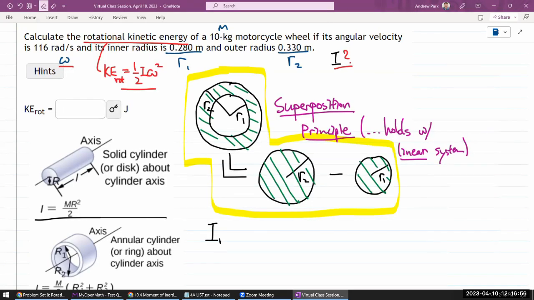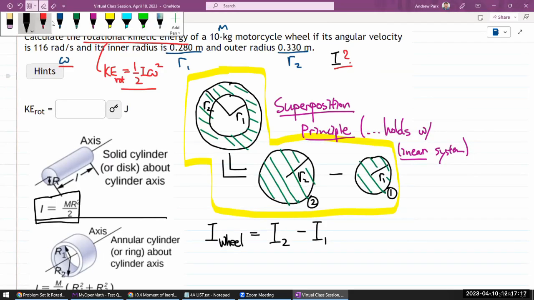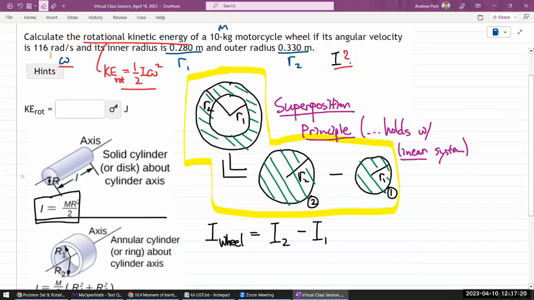So we'll say the rotational inertia of the wheel is going to be the rotational inertia of, let me call this 2, minus the rotational inertia of this piece 1. So I2 minus I1, by which we would mean, using this formula here, and being careful that the mass referred to here is the mass of the object. So I have to give it symbols to make sure I won't accidentally write down the wrong thing. So this says mass M2, and this is going to have mass M1.